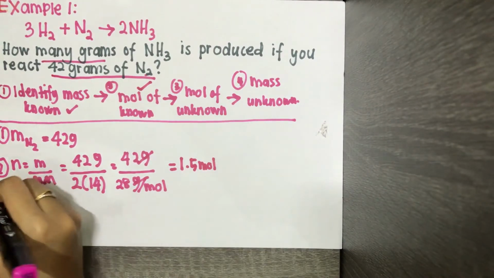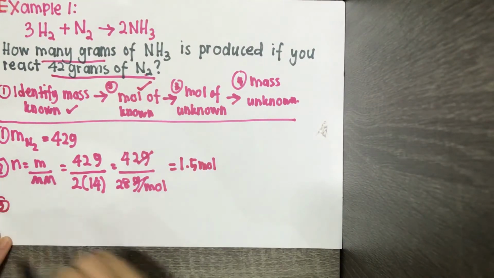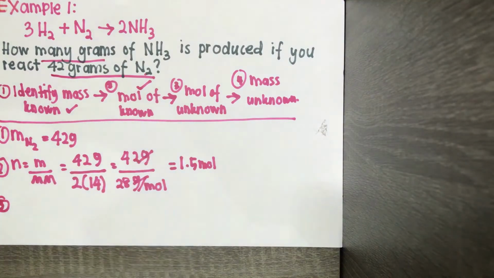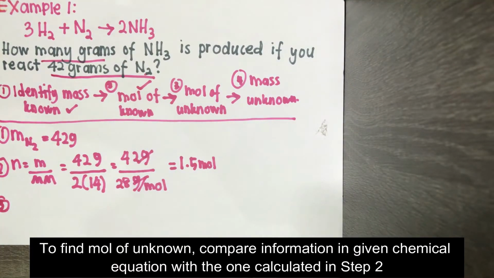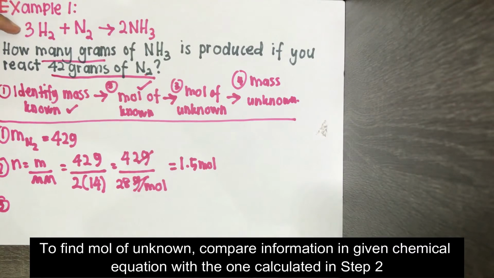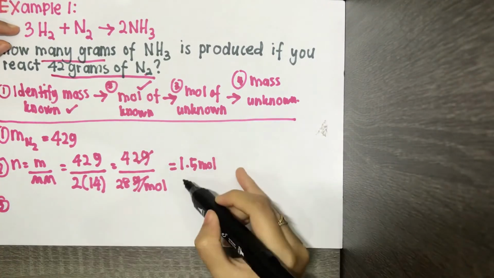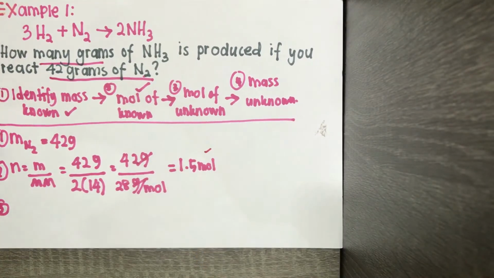Step 3, we have to find the mole of unknown. When we want to find the mole of unknown, we have to compare, again, the information given in the chemical equation and the number of mole that you calculated in step 2. So I'm going to show you guys.